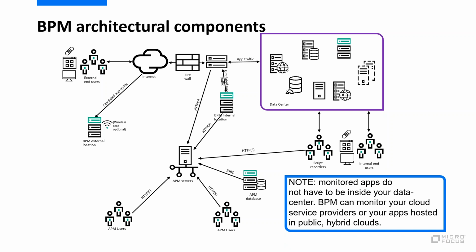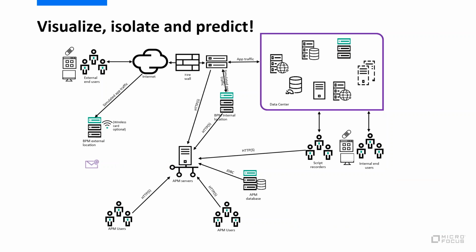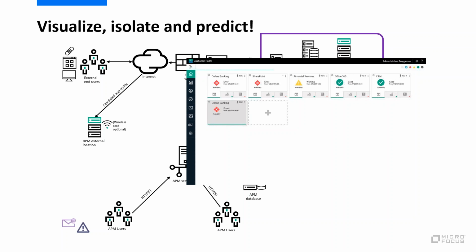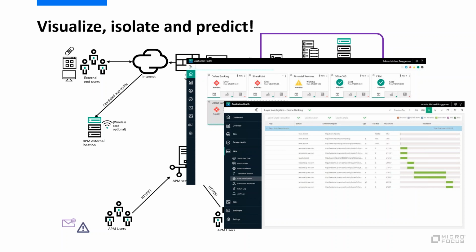It could also monitor cloud applications, whether in public or hybrid clouds. And APM will try to send out an email or alert. This I had shown you earlier in the application health UI, how the BPM reports look. This is one of the reports you can see if you drill down to the BPM reports.